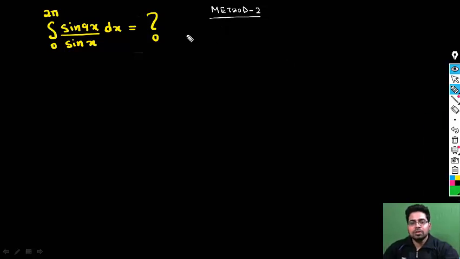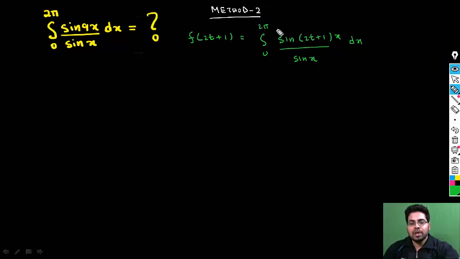Here also, we are going to consider the same function, but we are going to do a different operation on it: the integral from 0 to 2 pi of sine (2t plus 1)x divided by sine x dx.